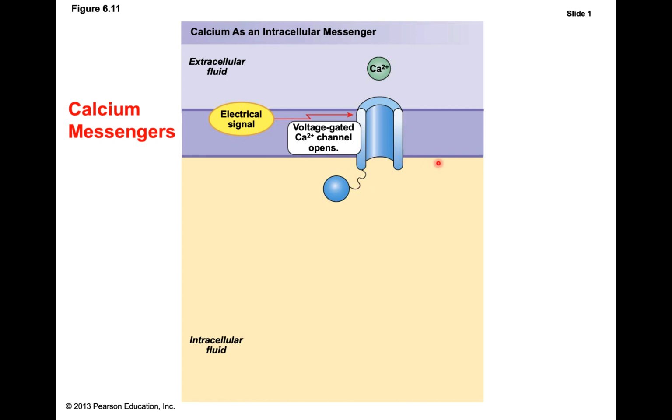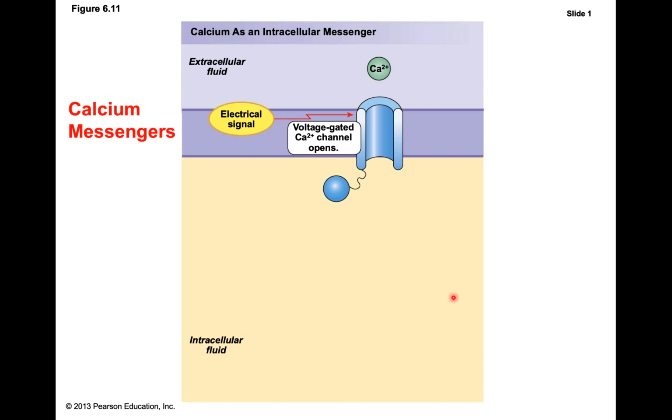Now again, from one of the previous PowerPoints, I think it was the first one, calcium is always found in high concentration outside of your cell and low concentration inside of the cell. Make sure you memorize that fact. Calcium is high concentration outside of a cell and in low concentration inside of the cell in the cytoplasm.